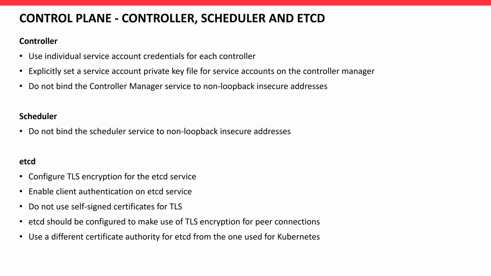If you have etcd high availability, the communication between all those etcd nodes should happen using TLS encryption. Use a different certificate authority for etcd from the one used for Kubernetes. For example, if you have certificate authority vendor 1 for the API server, use a different vendor certificate authority for the etcd database.